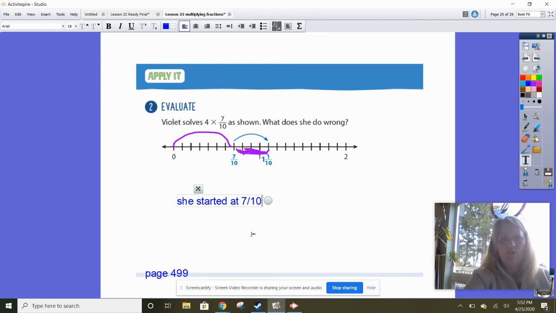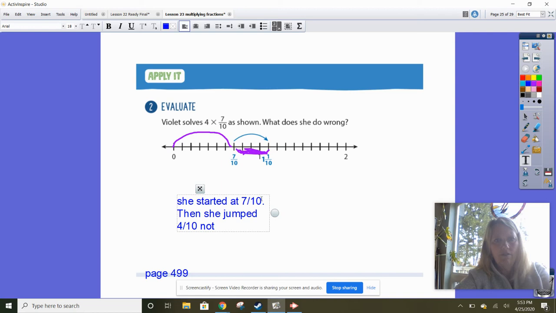But I suppose if you just would have put that one in there, that could possibly happen. But then she's also not jumping 4 times 7/10. She jumped 4 tenths. Yeah, so that's what she did.